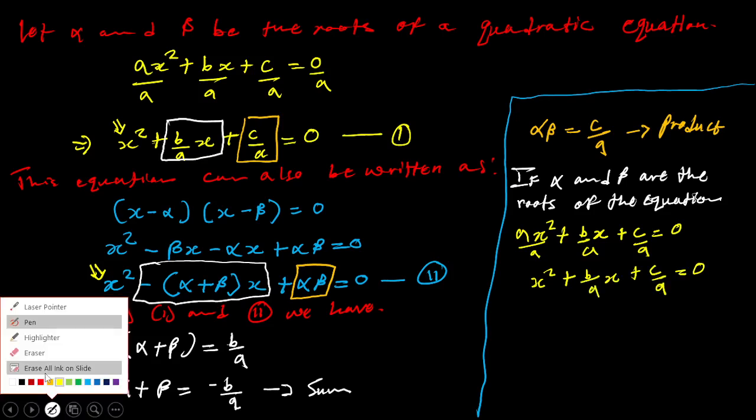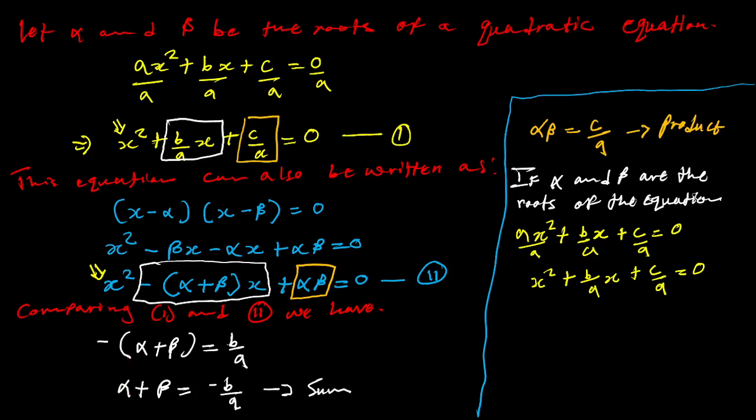The equation for that quadratic function is normally written in the following form: x squared minus open bracket alpha plus beta close bracket x, and then plus alpha beta is equal to 0.